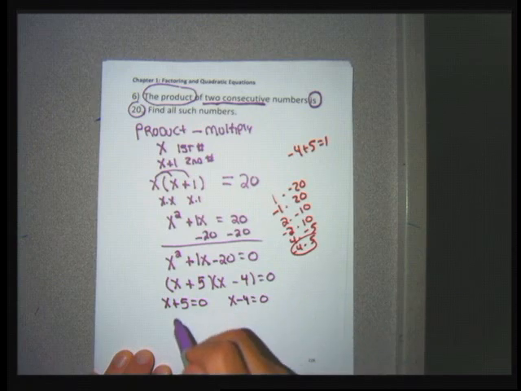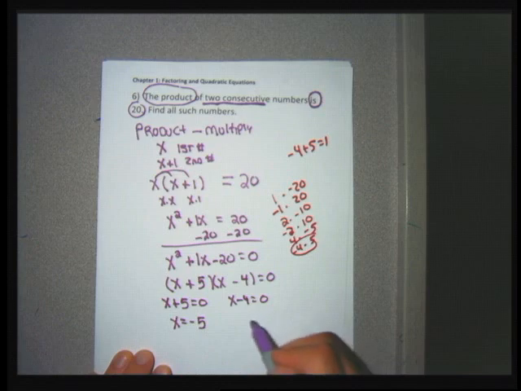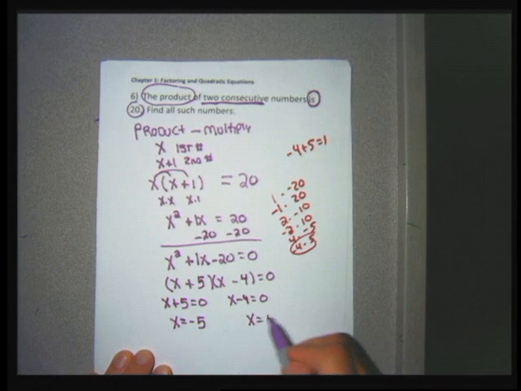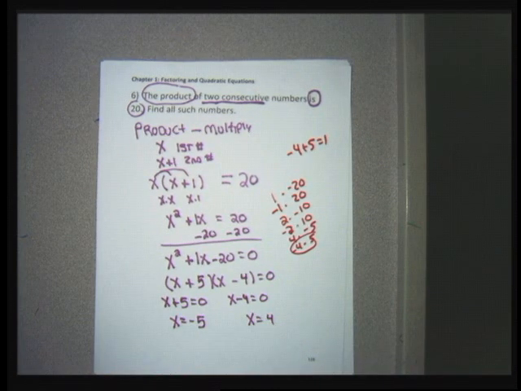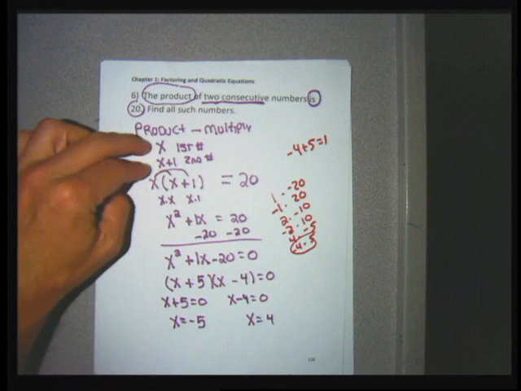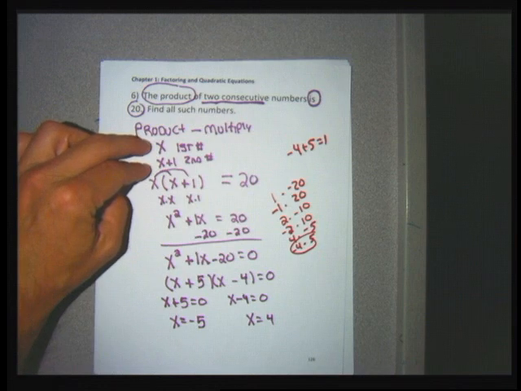For the x plus 5 equal to 0, I get x equal negative 5. For the x minus 4 equal to 0, I get x equal 4. These are not consecutive numbers. Negative 5 and 4 aren't next to each other on a number line. And this problem wants 2 answers for each x.